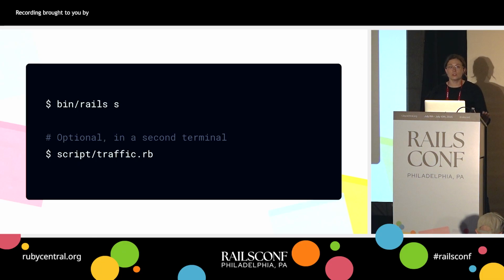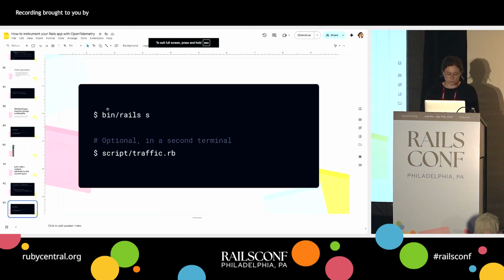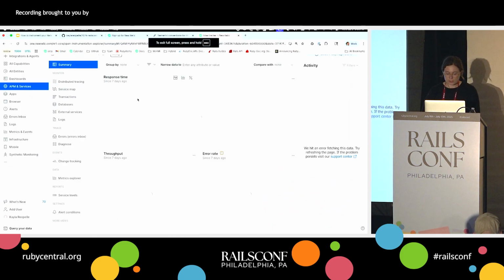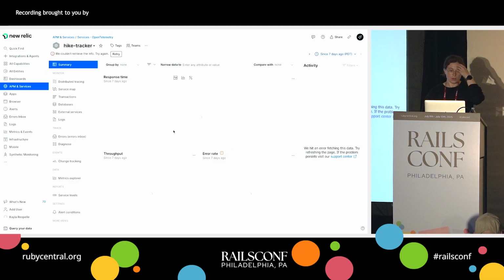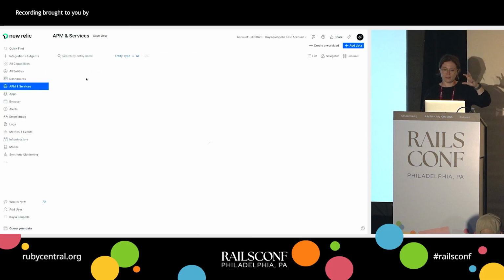Oh, where are you supposed to see the traffic at? So if you are using New Relic, you should see the traffic in your services view. I think there's probably one more page before that that has all of the different entities that are available to you. And you should see Hike Tracker somewhere on that list.